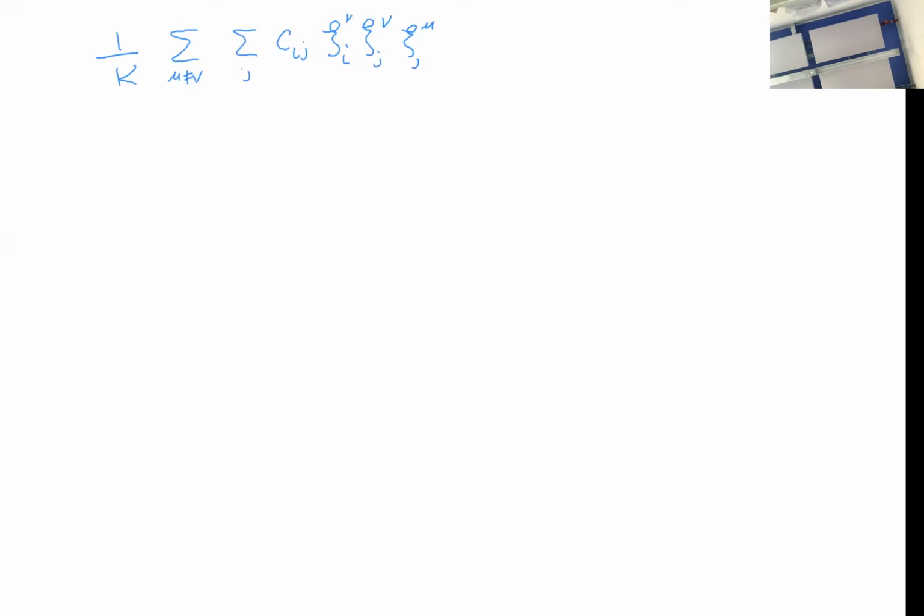So what do we have? The number of terms in the sum: there are p minus 1 terms from the sum on mu, and approximately k terms in the sum on j.